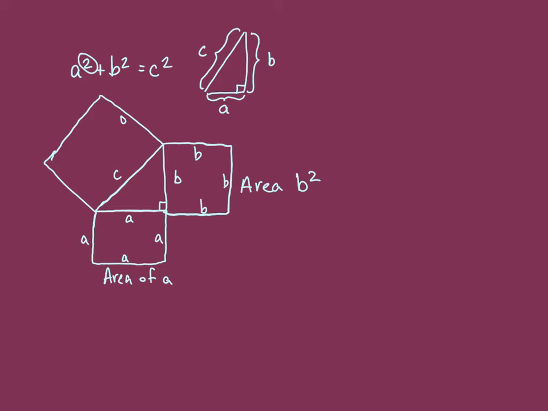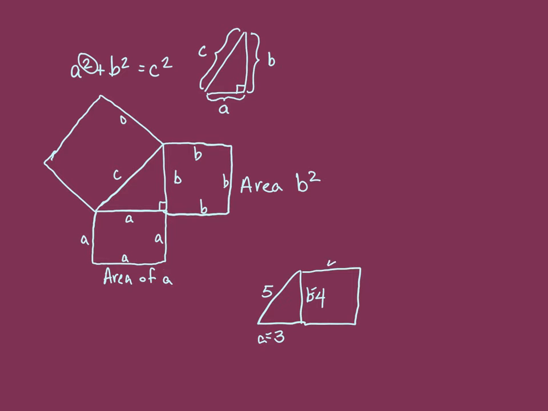That being said, let me make this a little easier for numbers. Let's do a 3 and a 4, and this one will be 5. So our A is 3 and our B is 4. We're going to make a square off of this B. So a square, all four sides are the same.